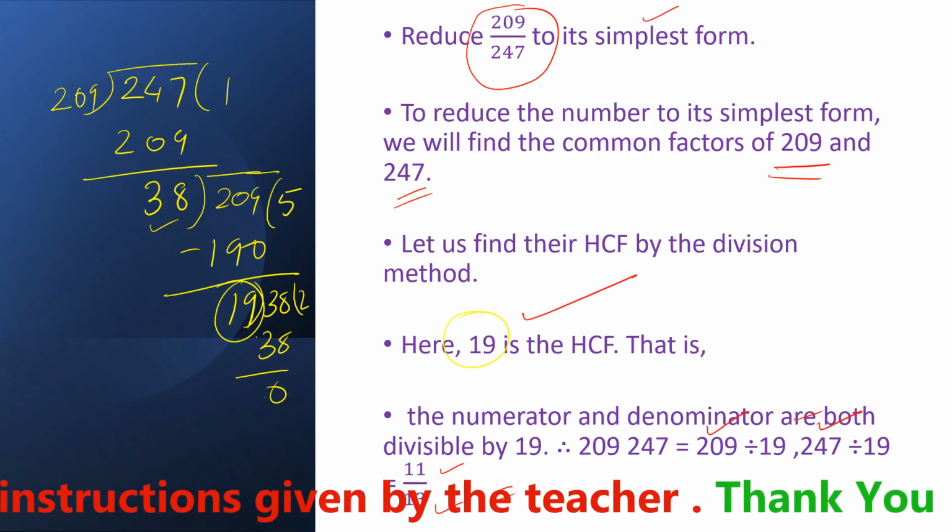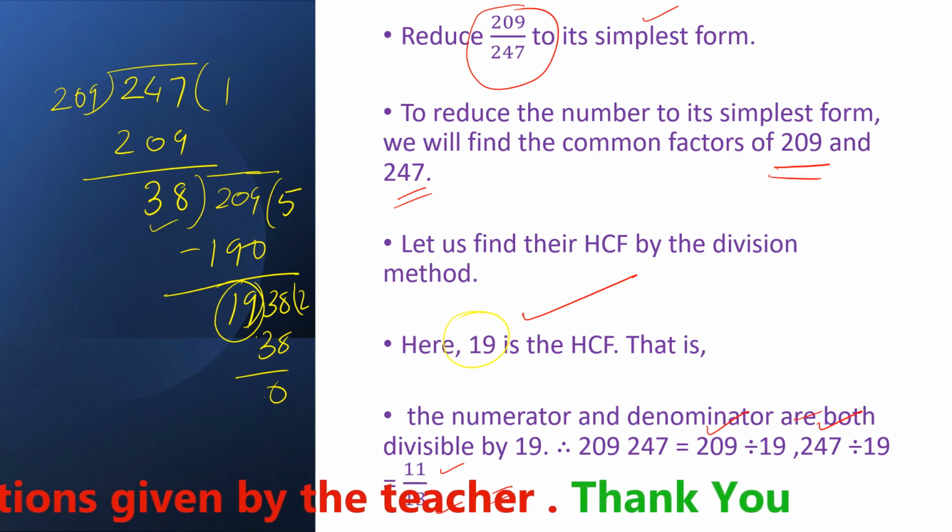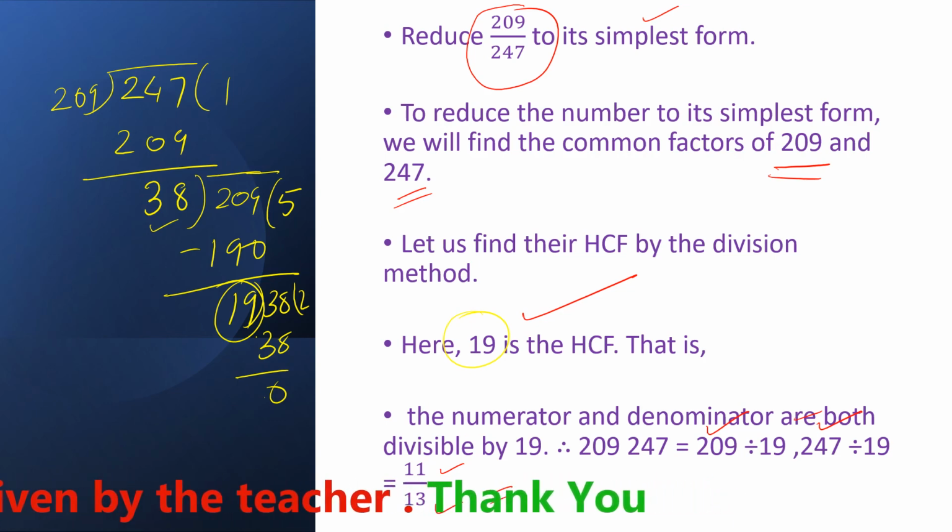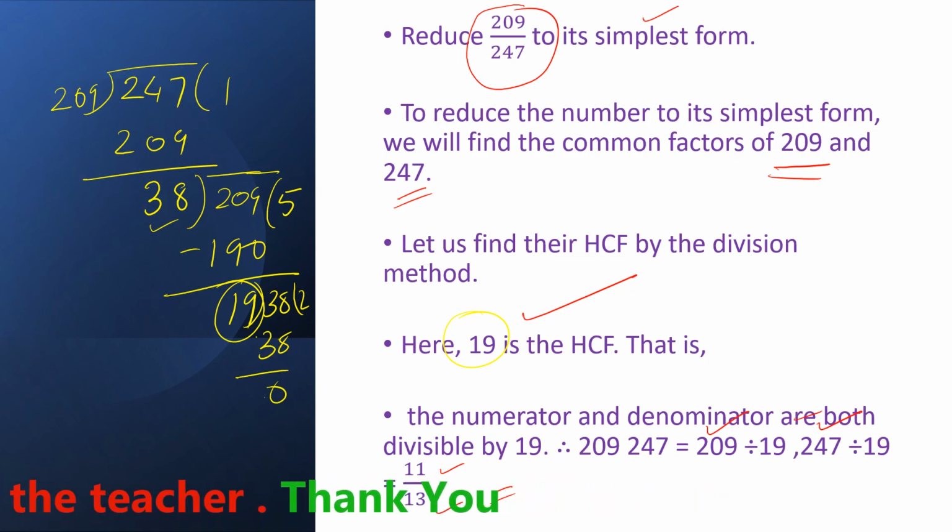Because HCF is, after all, the greatest common divisor, which will divide both, the factor which is common in both and the highest. So if you divide by that, naturally it will reduce into the simplest form.